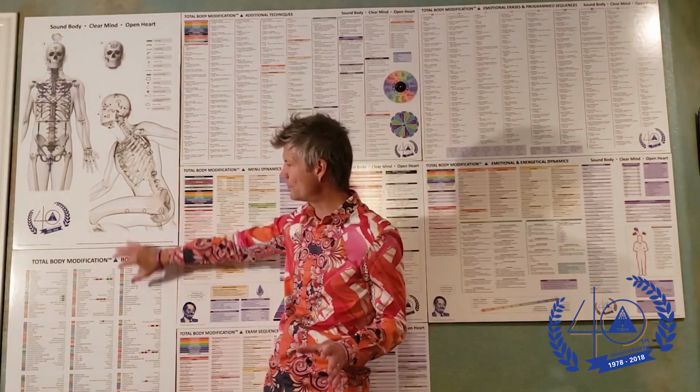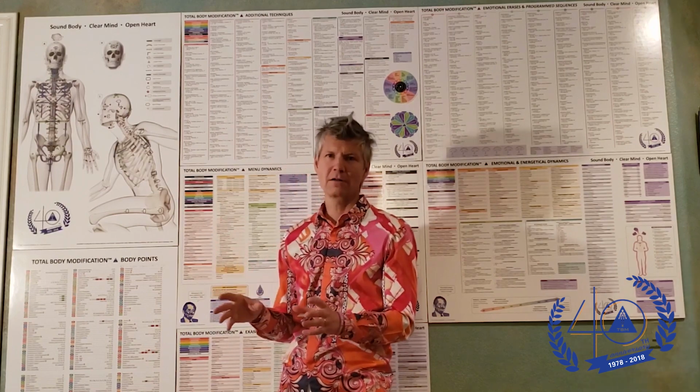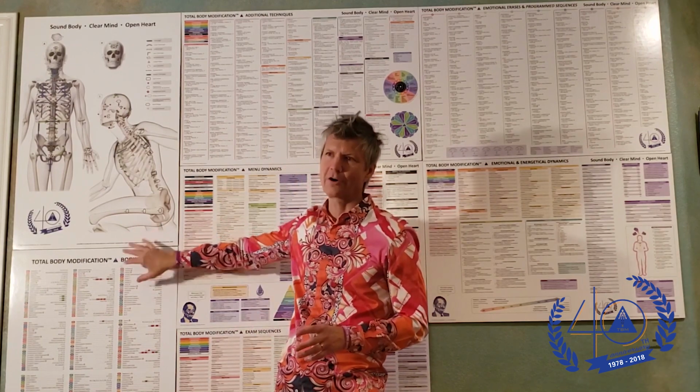I do want to say something about the body points being on two charts. I originally had them on one. We put them on display, prototypes, at some of our seminars, and we asked for feedback on all of these charts. And overwhelmingly, everybody said the type is too small on the body points chart.